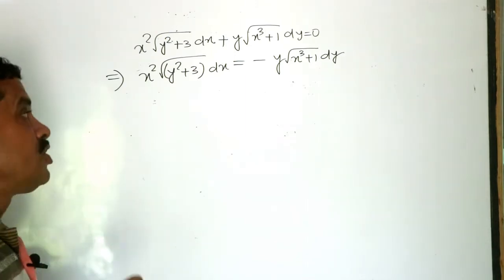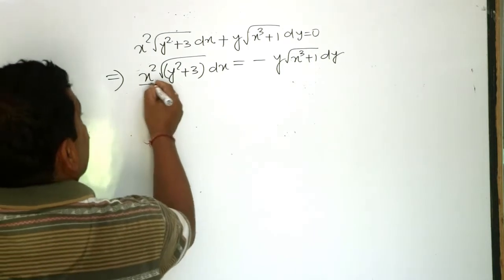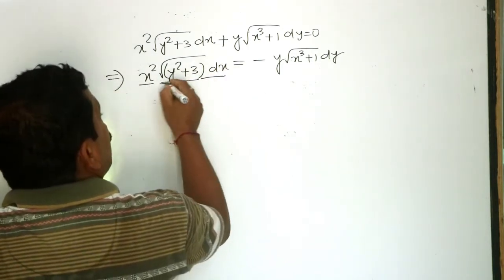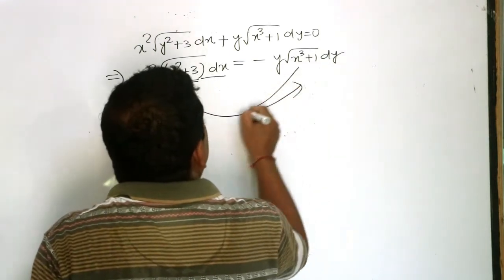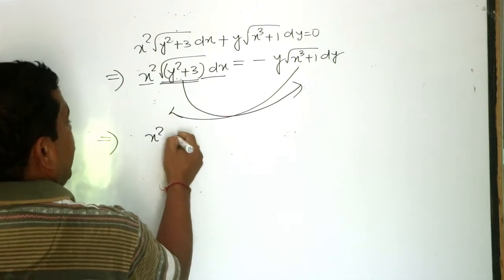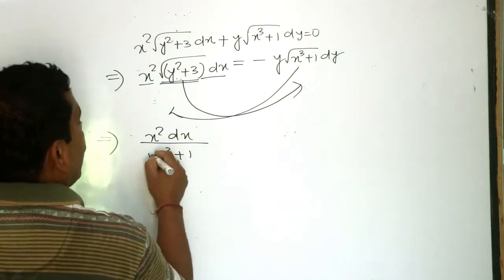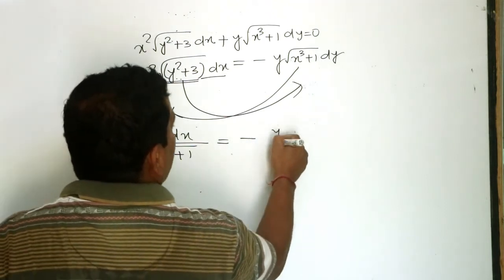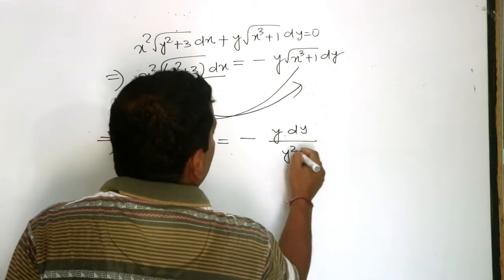Then our next job is to separate x and y. Here x square dx, and here there is also a term of y. Then we divide by cross multiplication. That means x square dx by root over (x cube plus 1) equals minus y dy by root over (y square plus 3).